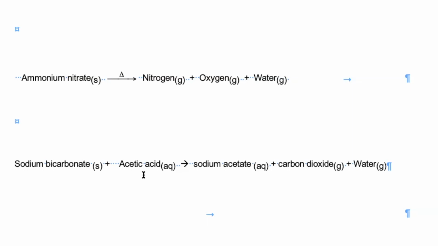It's a -1. And so you get sodium acetate, carbon dioxide, and water. So you just have to write the formula. A lot of times the ratio will be 1 to 1 to 1 to 1, so you don't even need to balance it. It's already balanced. But you've got to double check.